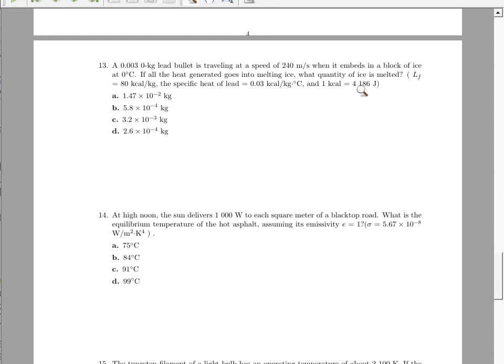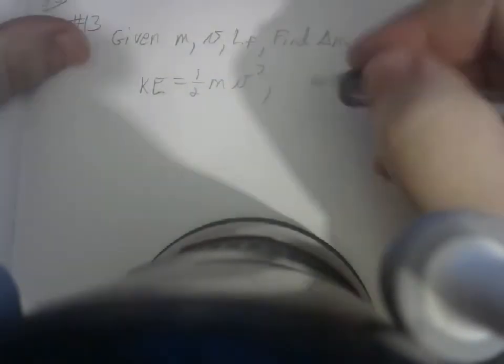If you're not careful, you'll miss that the latent heat of fusion has been given in non-SI units, which can screw you up a little bit. So the key to this question, we've been given mass, velocity, latent heat of fusion, and we want to find the change in mass of the ice, how much of it melts. So our original kinetic energy is 1/2 mv squared, and we're going to convert that into heat.